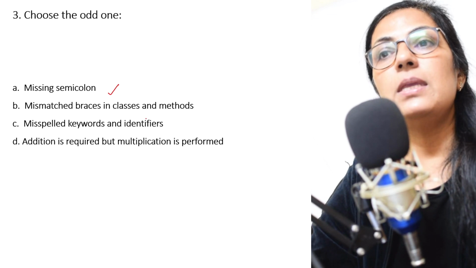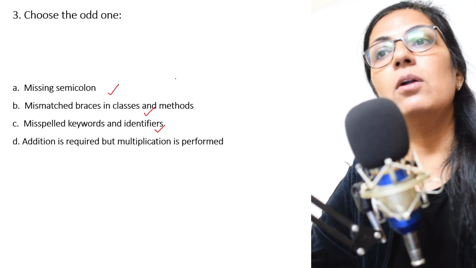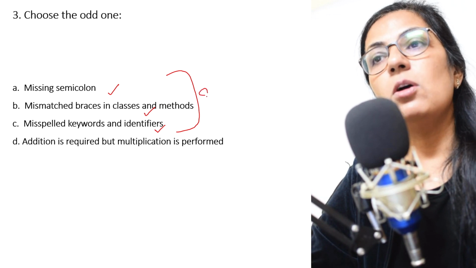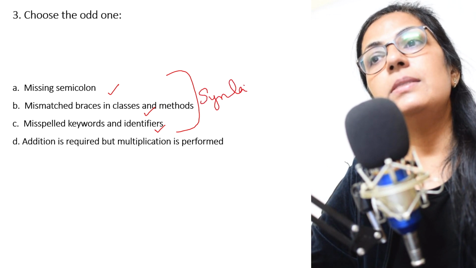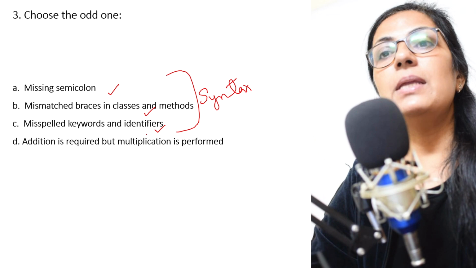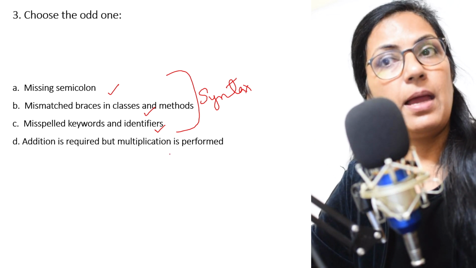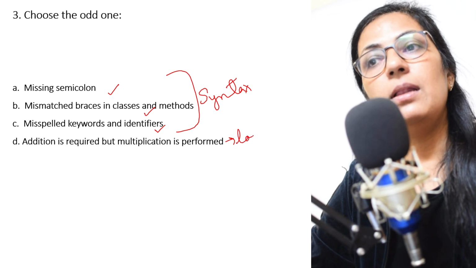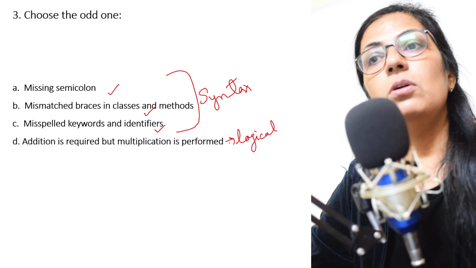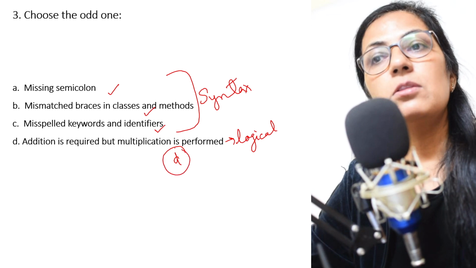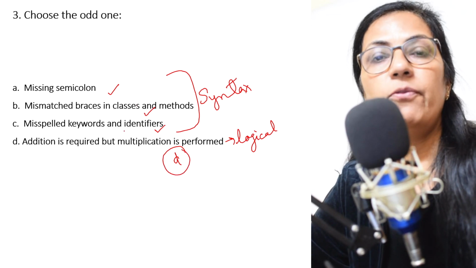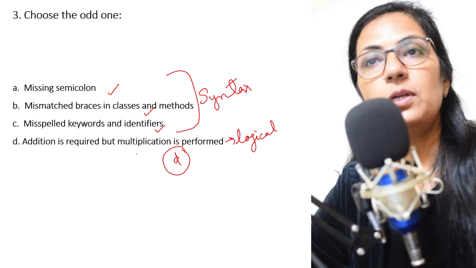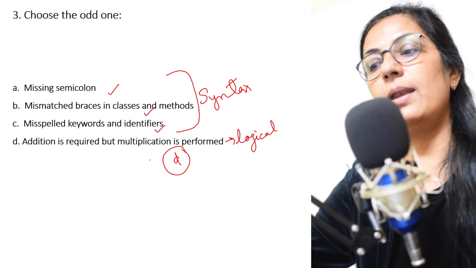A, B, C are forming a group because these all are syntax errors, right? But addition is required, but multiplication is performed, this is what? A logical mistake, right? So option D is not in the group of ABC. So here option D is the odd one, right?